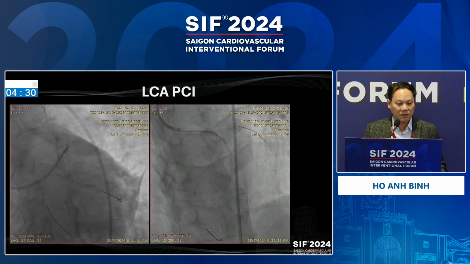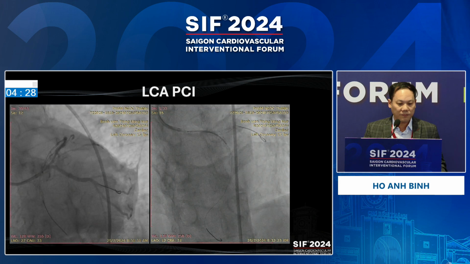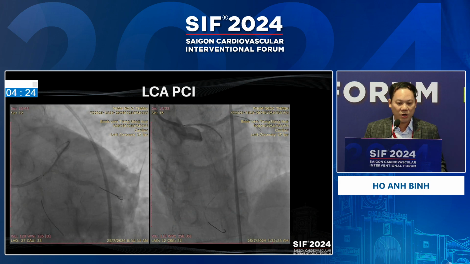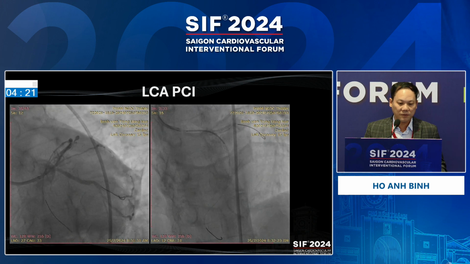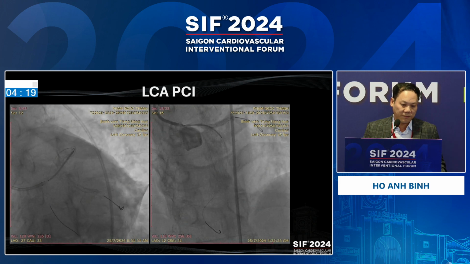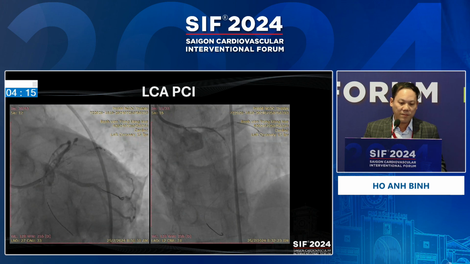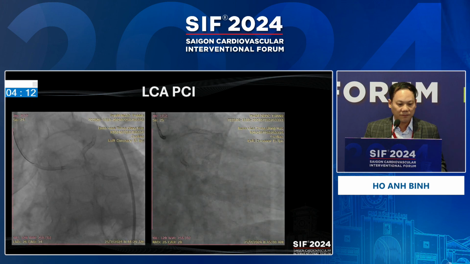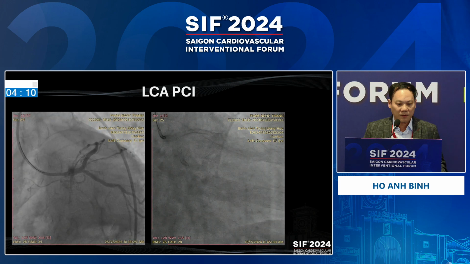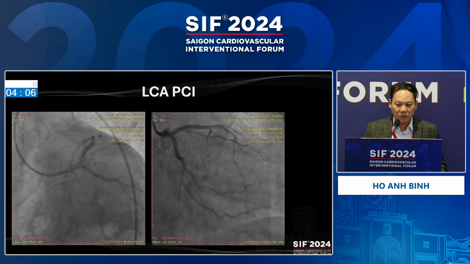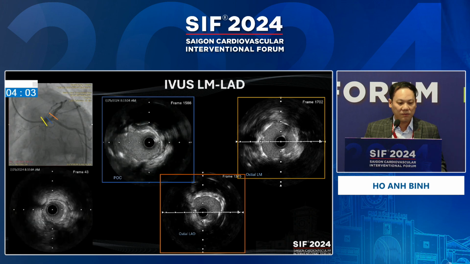After that, we implant the stent, and we check TB views to see very clearly the ostium of the left main. And then we do the IVUS, and we see that the patient has a rather good result.